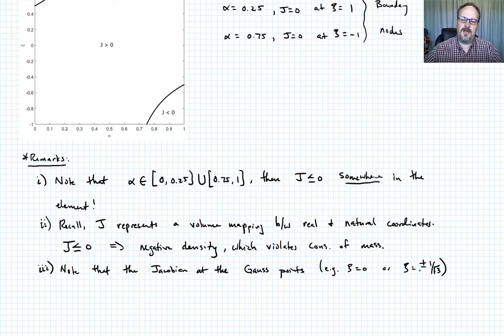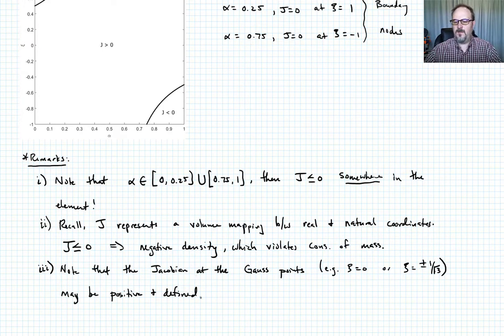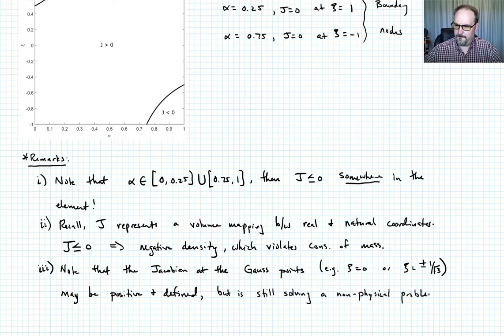So that the Jacobian at these Gauss points may be positive and defined, but it's still solving a non-physical problem. Okay, so just because you can evaluate the Gauss points and the Jacobian at those Gauss points is greater than 0, that doesn't mean that you're solving a physical problem, right?